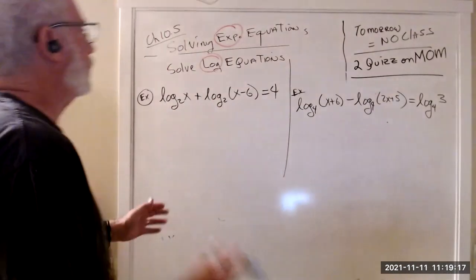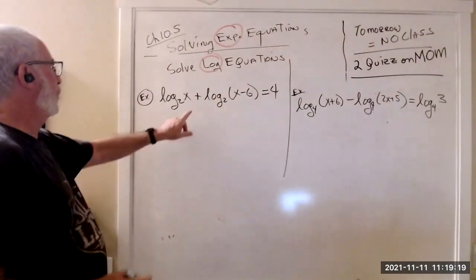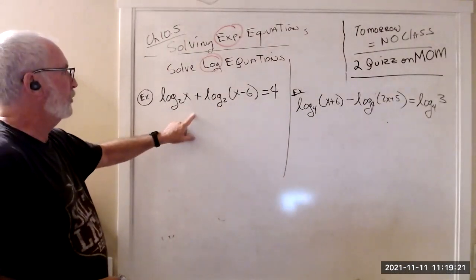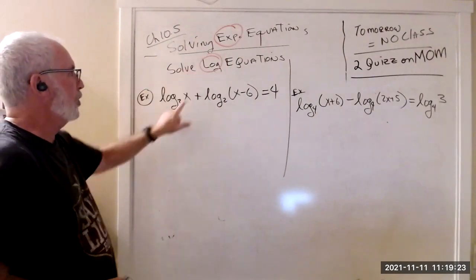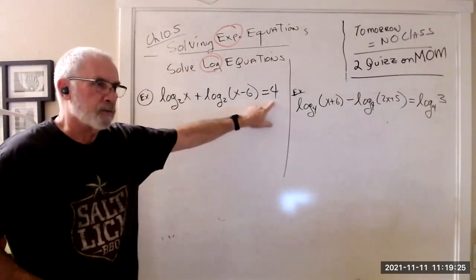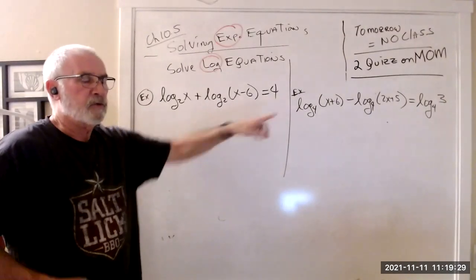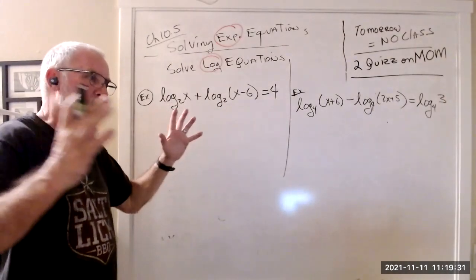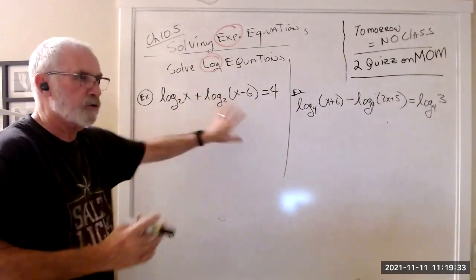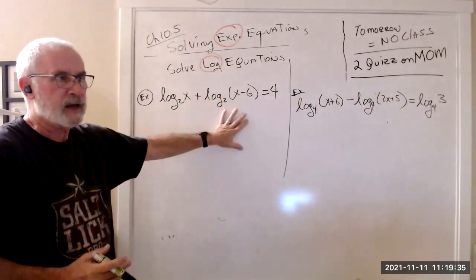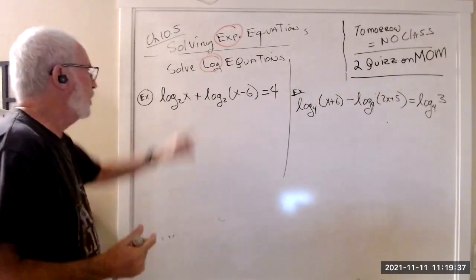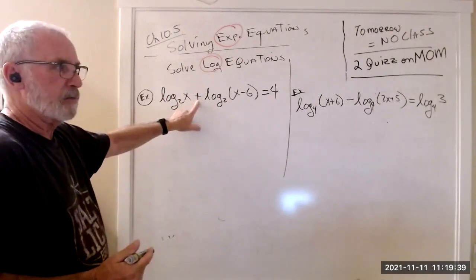Okay, so this first example is a log equation where one of the terms is missing the logarithm. So what I tried to get you to do was condense, put the 2 that had logs into 1, but these are adding.